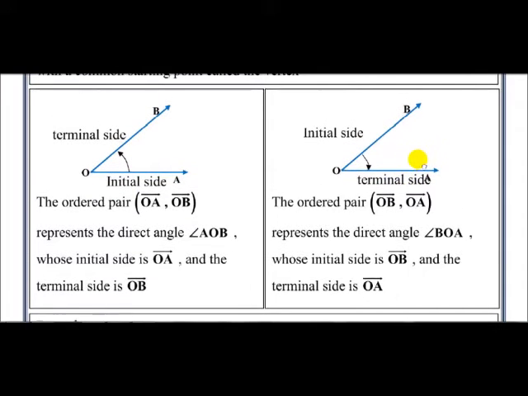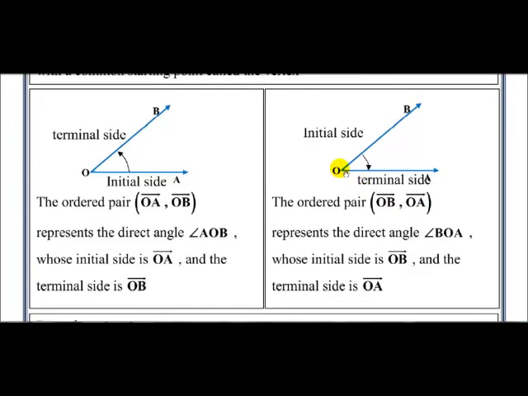When we look at this angle, it starts from this side and rotates in this direction, as your arrow shows. This side OB is the initial side, and this side is the terminal side, okay? To write the ordered pair of the directed angle, we write the initial first, then the terminal.